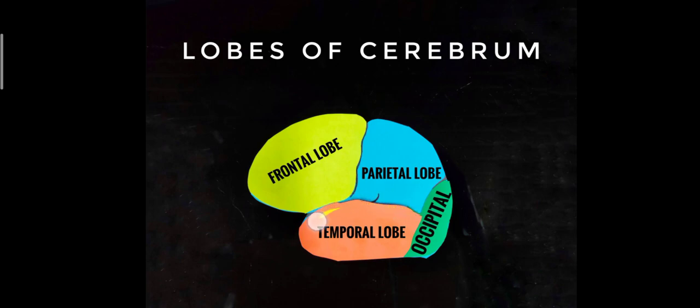Then you have the temporal lobe, which is separated by the posterior ramus of the lateral sulcus and a few imaginary lines behind that, which we have discussed over the last class, so I'm not going back to the details. And here you have the other lobe, that is the occipital lobe. And today we'll be discussing the major sulci and gyri which are present within each of these particular lobes. So let's have a look into it.